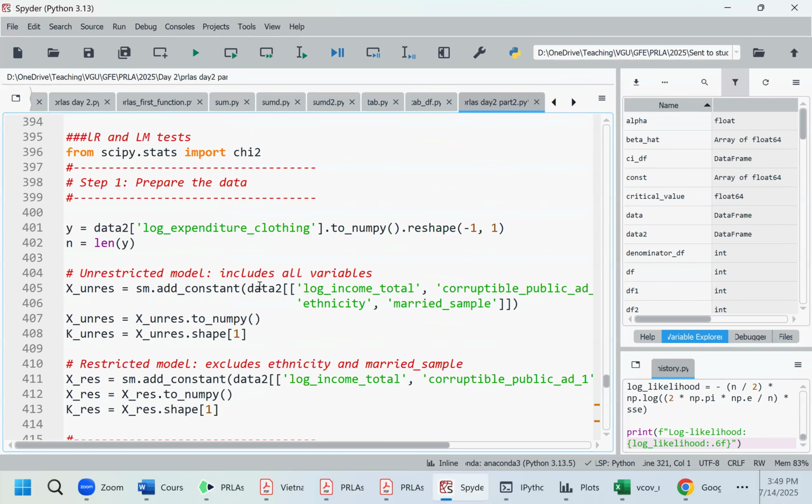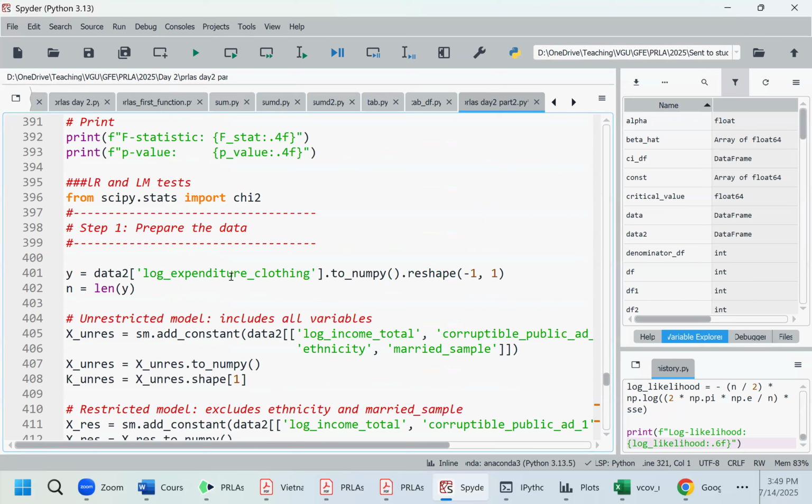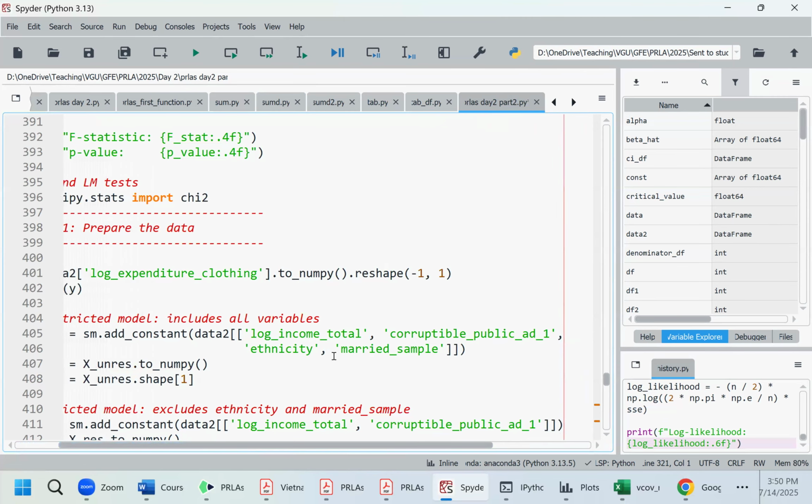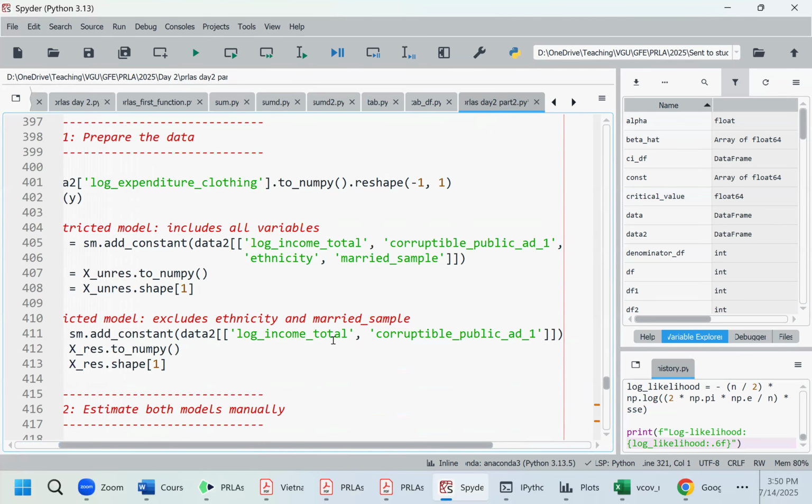For the LR and the LM test, the first one is to say we have the model where the dependent variable is the log of expenditure on clothing, and the set of variables x that is unrestricted includes the log of total income, corruption, whether the household is connected with a member working for the public administration, the ethnicity of the family of the household, and whether the head of the household is married.